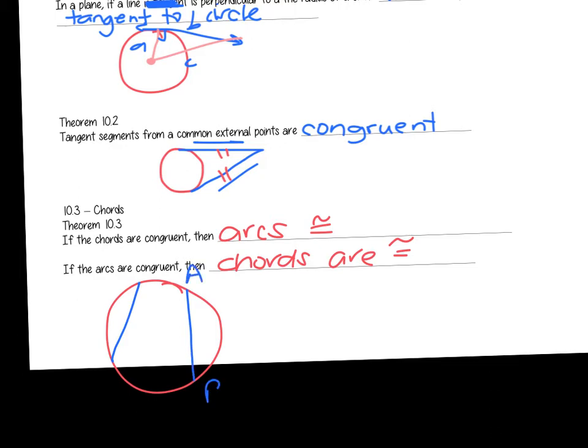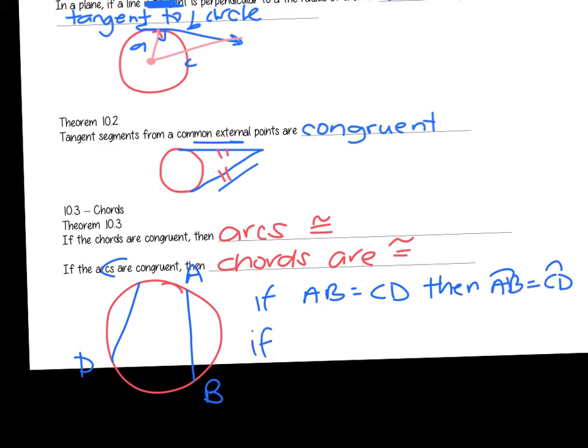So if this was A, B, C, D, if AB equaled CD, those would be the chords, then arc AB would equal arc CD, and vice versa. If arc AB equaled arc CD, then the chords would be congruent. Questions on those?